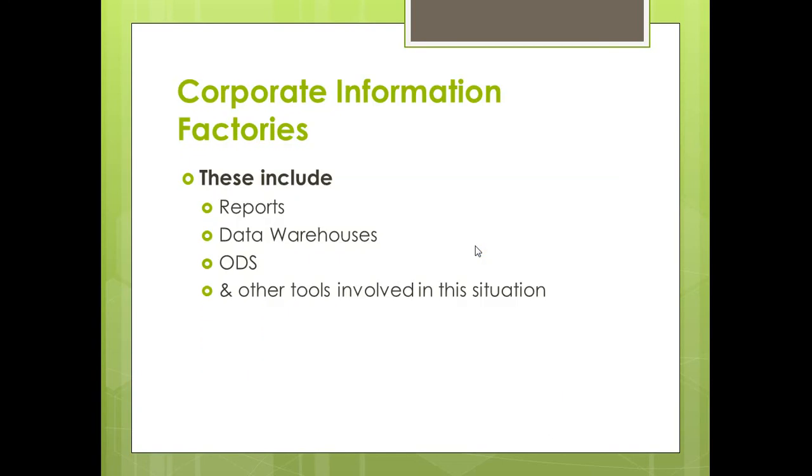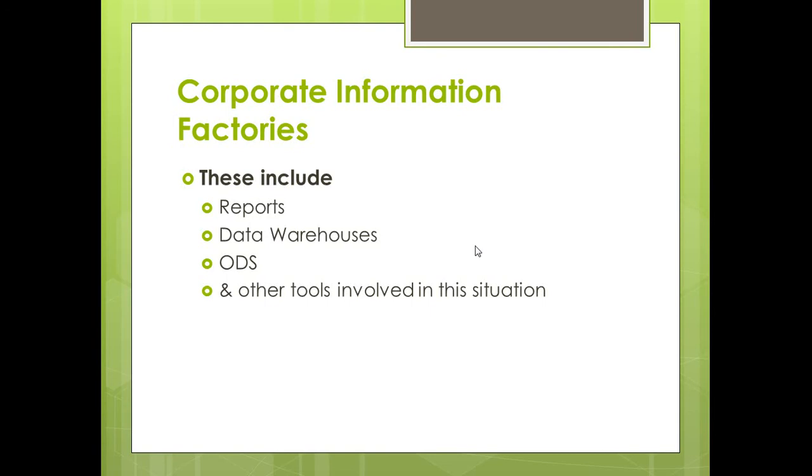Another term you might hear is the corporate information factory. This is basically everything encompassing the data warehouse, including the tools used to process the information from the data warehouses, the operational data stores, which are basically smaller versions of data warehouses that only contain some of the information, and other tools involved with dealing with the data warehouse.